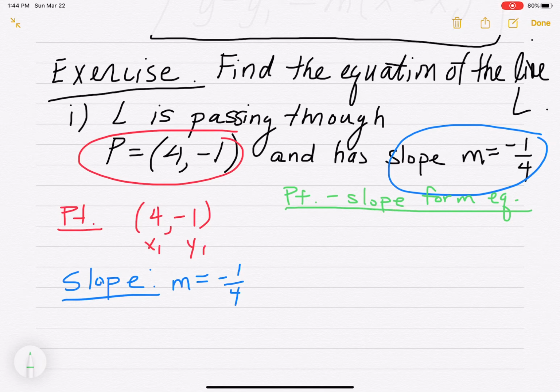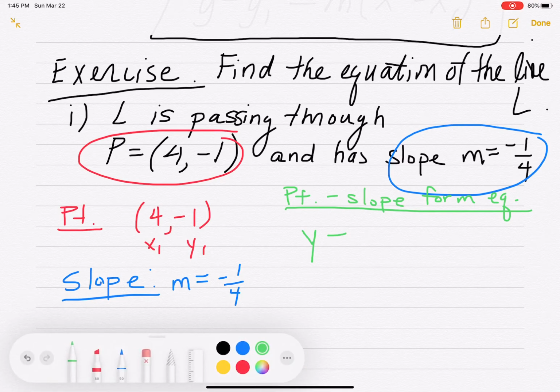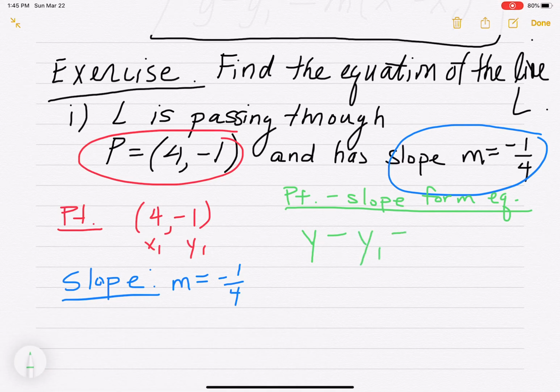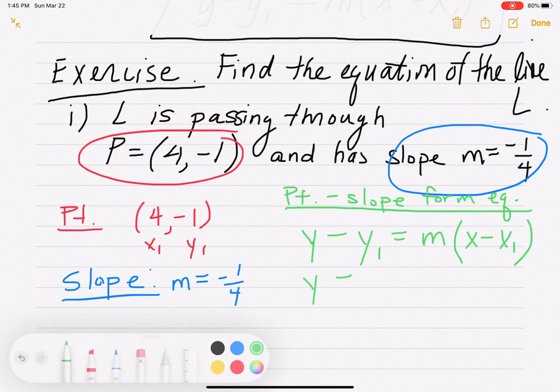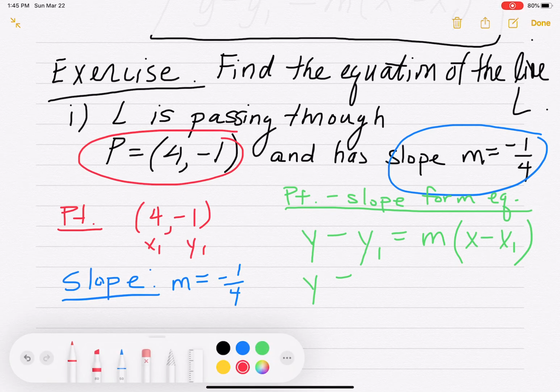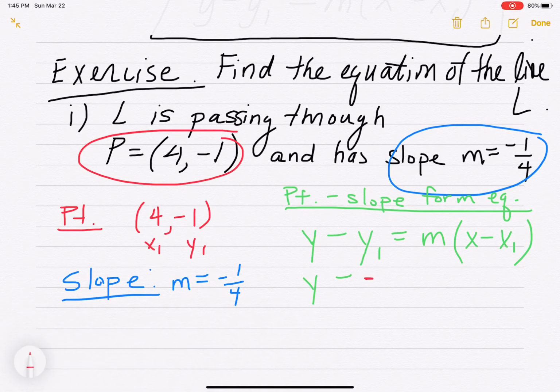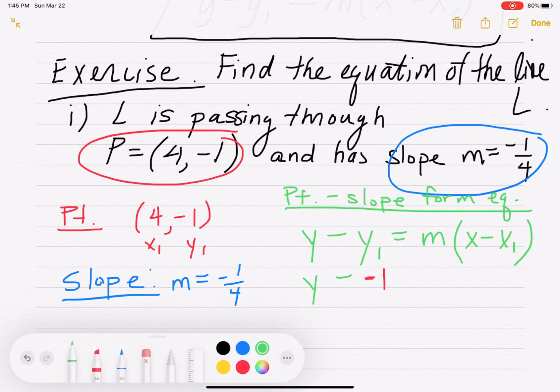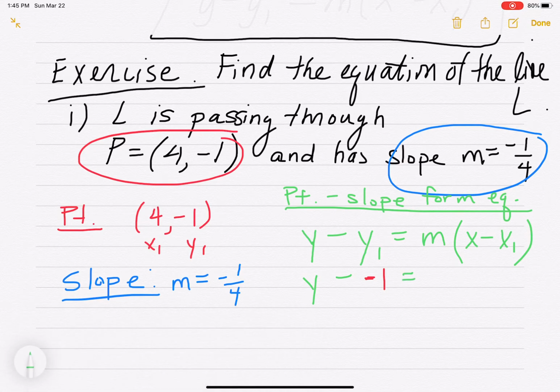So you're going to have y minus y1 equals m times, open parentheses, x minus x1, close parentheses. So I have y minus, in place of the y1 here, we're going to put a -1, equals m.